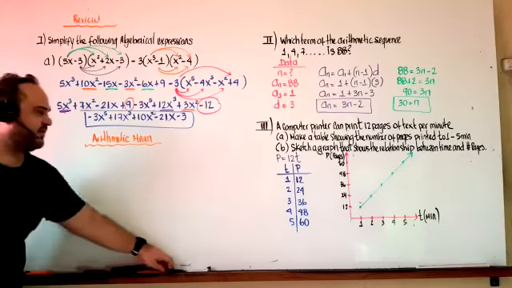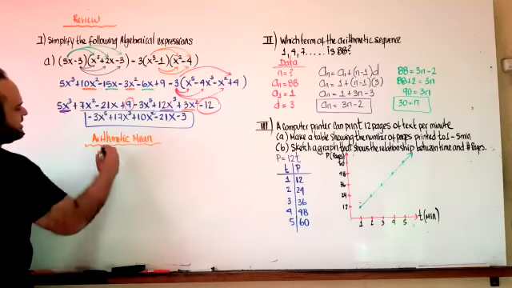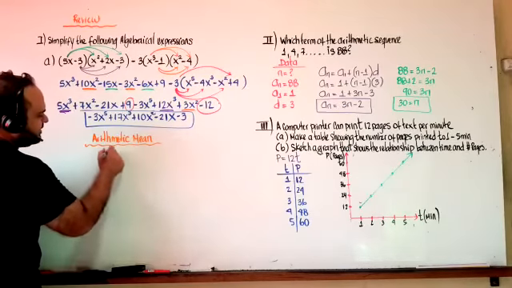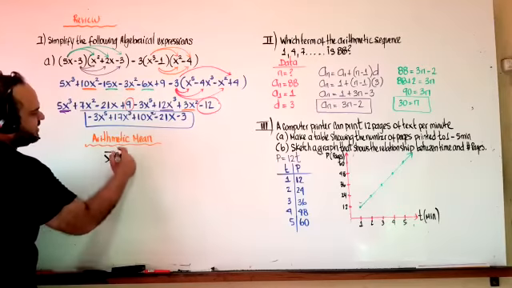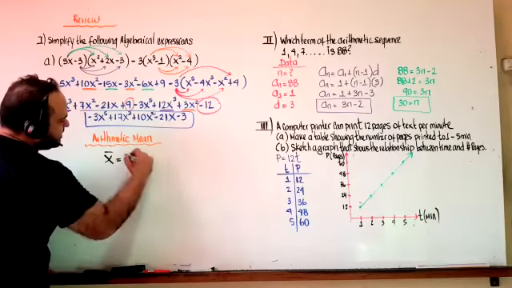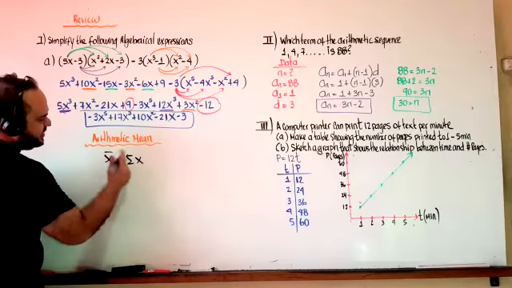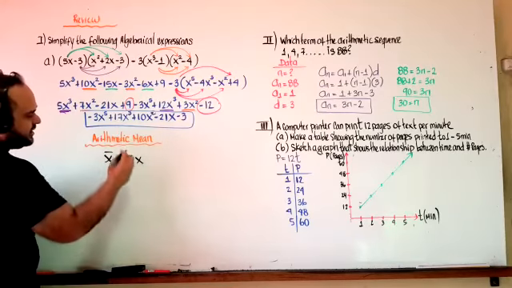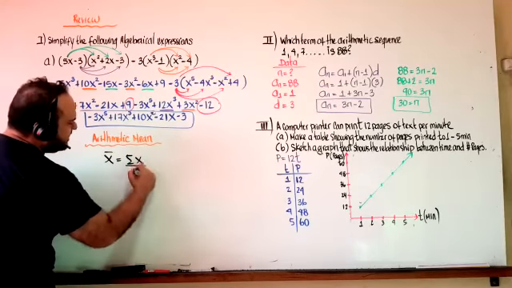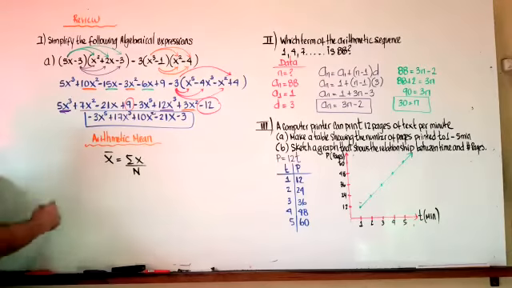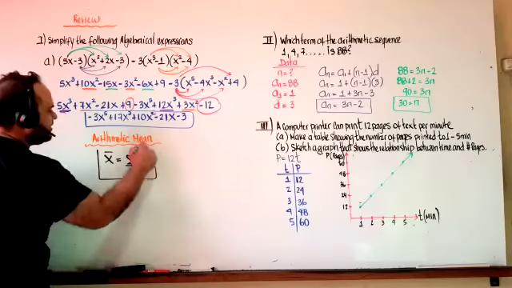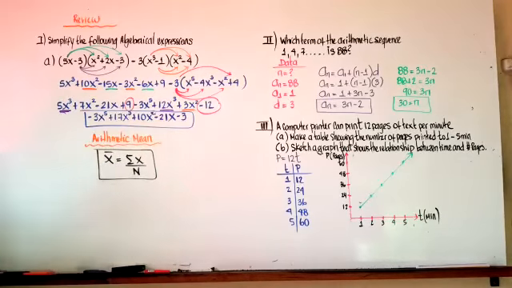The formula for the arithmetic mean, X with a horizontal line meaning average, is the addition of all the values of the data divided by the quantity of numbers that we have in the problem.